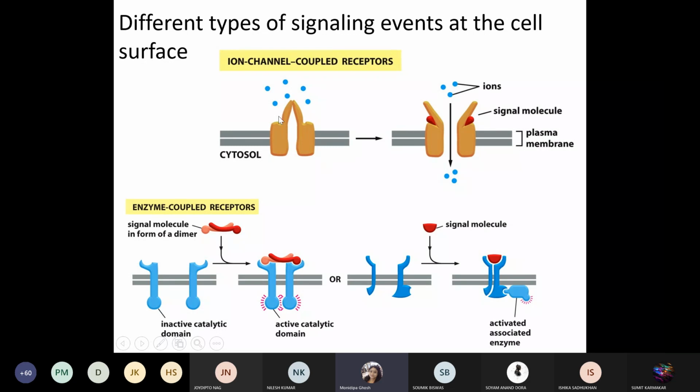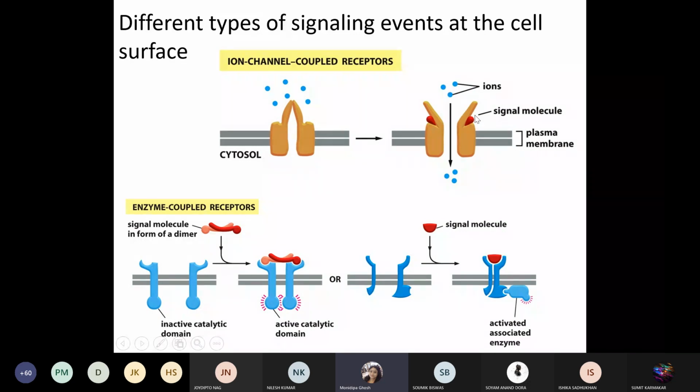The ions are the trigger, and they act as the signaling molecule. Whenever they interact with the ion channel coupled receptor, they enact. The signaling molecule is not directly acting; it has to pass from outside to inside.